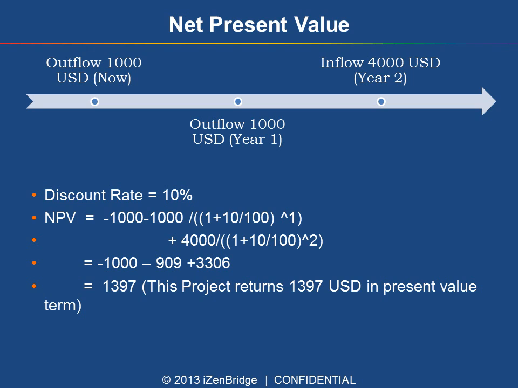Now I just need to sum it up. When I sum it up, I get a net present value of 1,397. So 1,397 US dollars is the net present value of the given project or investment option.